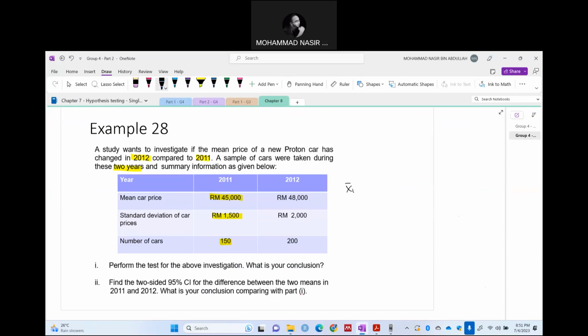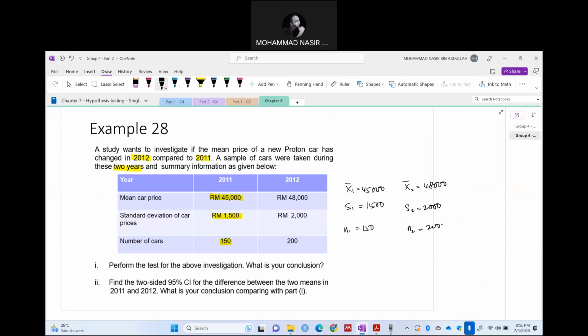X bar 1 equals 45,000. S1, so this is a standard deviation, right? So 1,500, and n1 equals 150. X bar 2 is 48,000, s2 equals 2,000, and n2 equals 200.